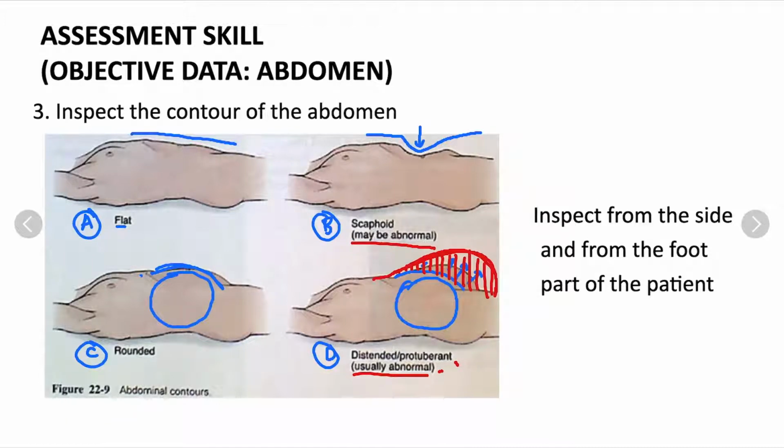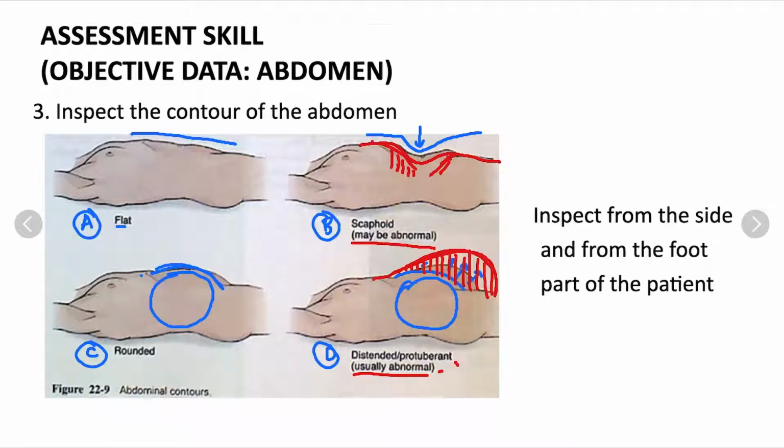Okay, and for the depressed, sometimes this one is caused by malnutrition. Usually patients having nutritional problems would have this scaphoid, but I'm not saying that all with this physique are abnormal. There are times that they are abnormal and sometimes normal depending on the build of the patient. Okay, so further evaluation is needed.